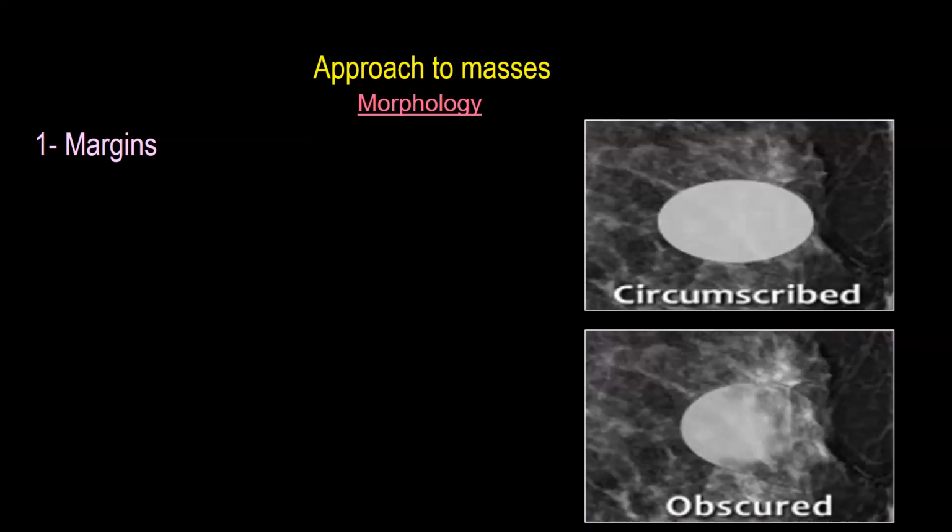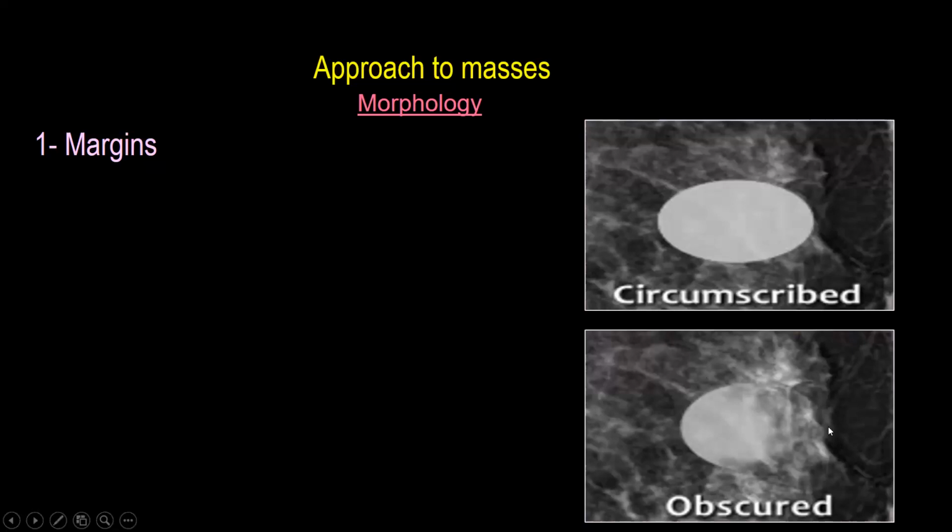Okay. The second descriptor is obscured. Do you remember the obscured and the difference from the circumscribed? If you look at the picture here, this is surrounded by fat throughout. This is part of the mass surrounded by fat, and part is obscured by the adjacent parenchyma.